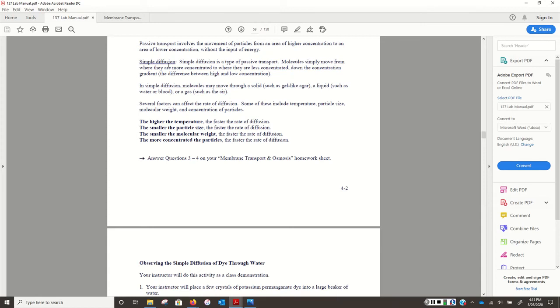Say you were in a gym and there were about 100 other people, and for whatever reason you were all pushed into one corner of that gym. You're all crowded together, and time goes by. Is everyone going to stay crowded together there? No, they are going to spread out so that they are pretty much evenly distributed through that gym. Well, that's kind of how simple diffusion works.